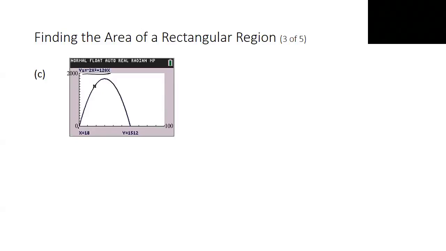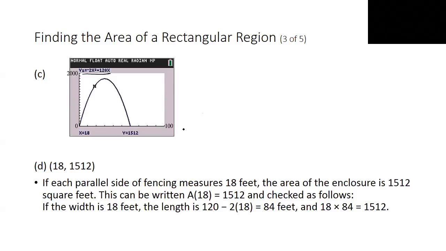In this case, if I set my x-axis to be between 0 and 100 and y-axis between 0 and 2000, you can clearly see the location of the vertex, and also you can see the location of the x-intercept.